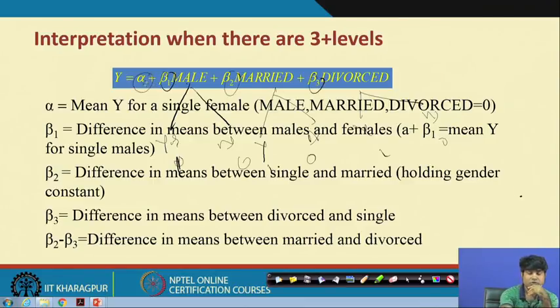So alpha itself is the weight factor which represents the impact on y, and if it is the case of male, then beta 1 will be added into the process, and beta 1 added into the process means now the y impact will be alpha plus beta.